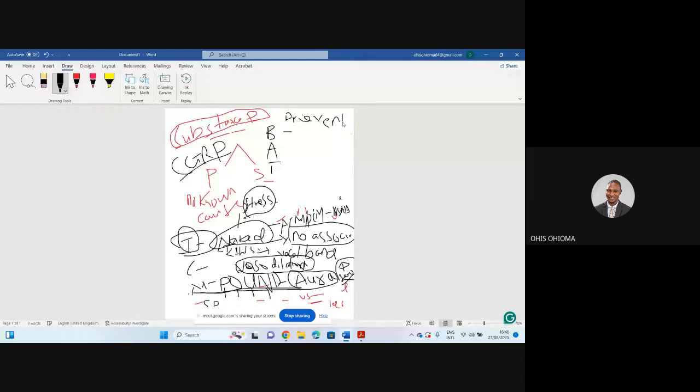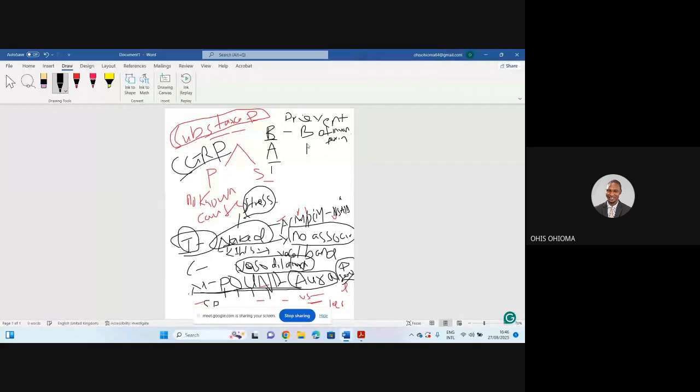So to prevent, this B basically stands for botulinum toxin. That's the first one. You can use botulinum toxin. It also stands for beta blockers.